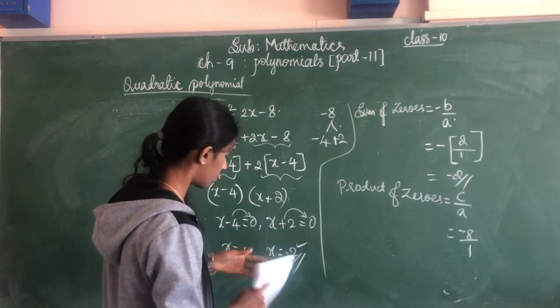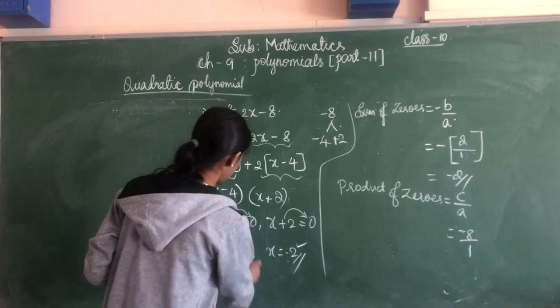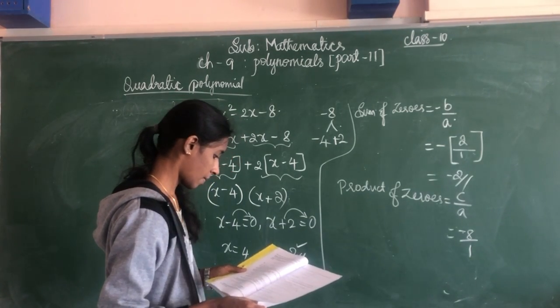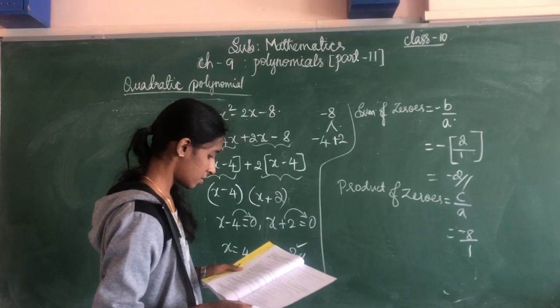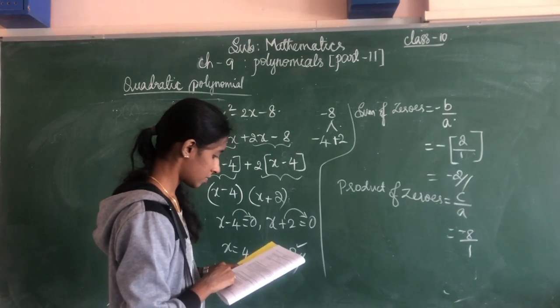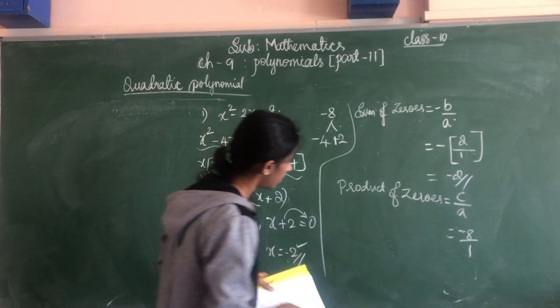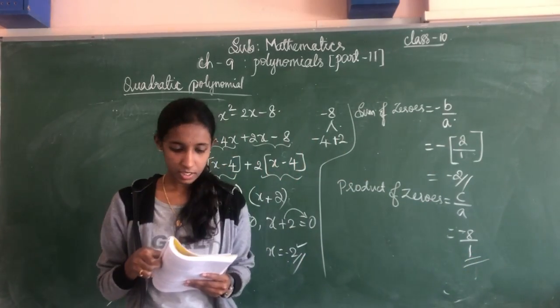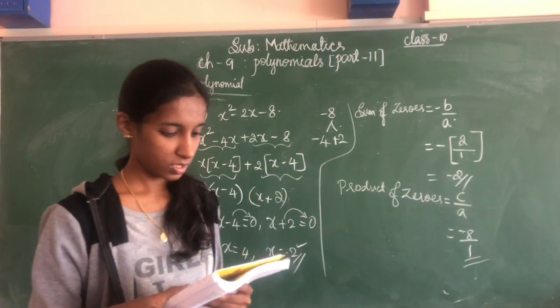-2 and 4. Right, it's correct, right? Product of the zeros is c by a, -8 by 1. Verify the relation between the zeros and the coefficients.